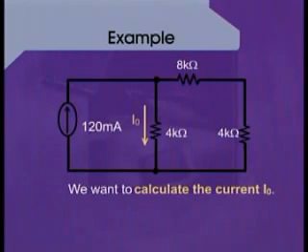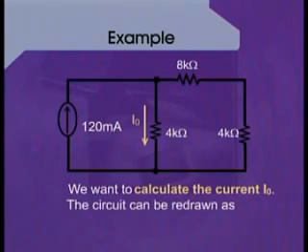After assuming the currents which are flowing through both the meshes, that is I1 and I2, we can redraw this circuit as shown in this slide.